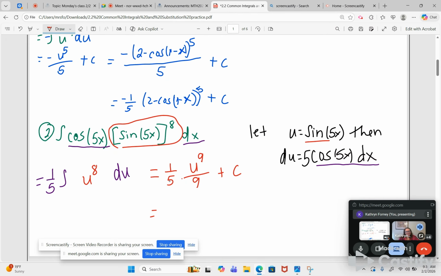So if I multiply the 5 and 9, I would have 1 over 45 u to the 9 plus c, which is 1 over 45 sine 5x to the 9 plus c.